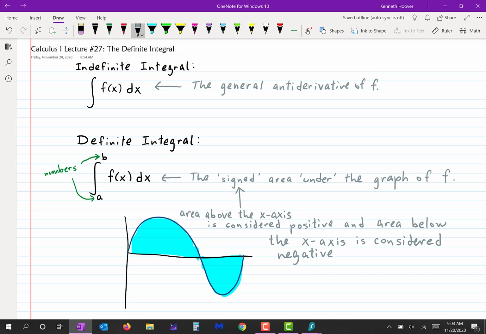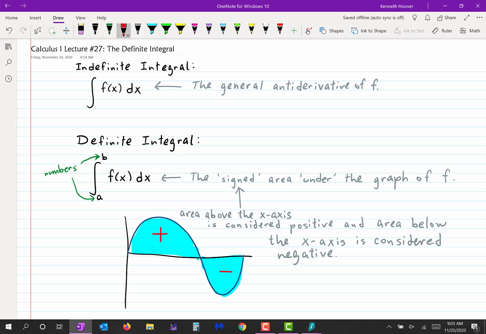So in the picture at the left, this area up here would be positive area, and this area down here would be negative area. And negative area does cancel out positive area.